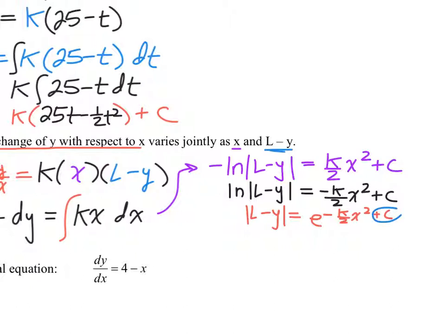That constant can be broken off and made into the coefficient. And when that happens, the L minus y is freed from the absolute values.